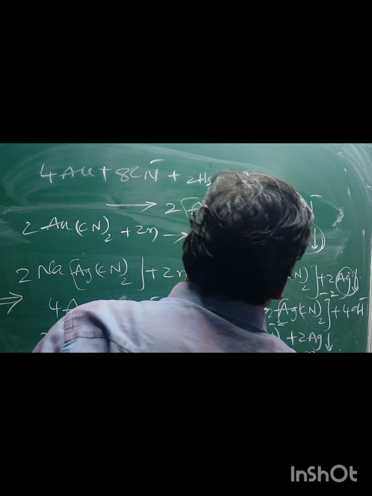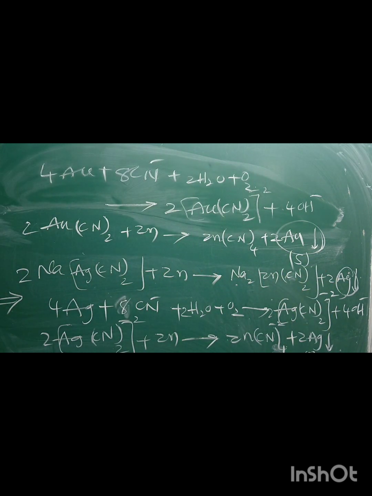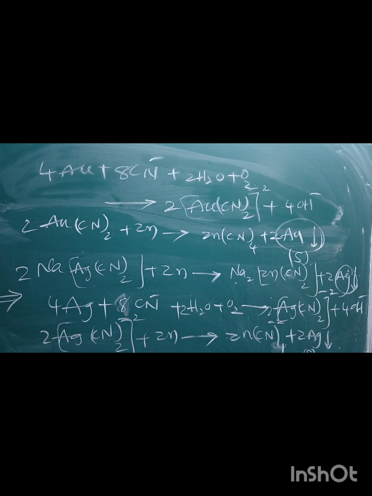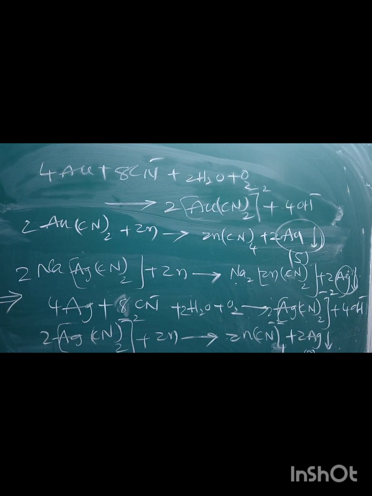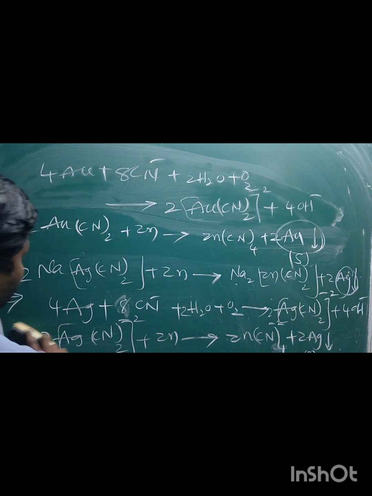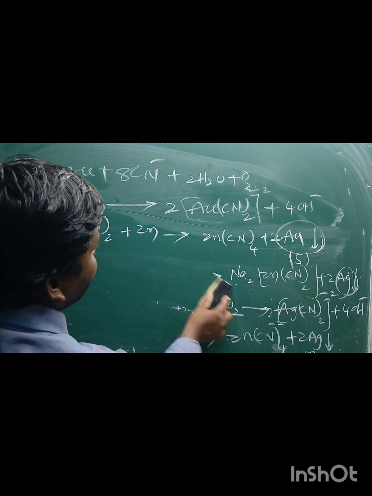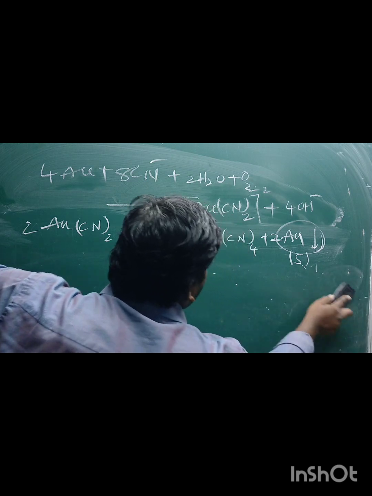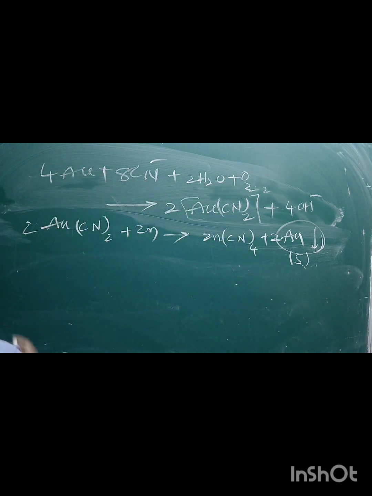These two are solids. Extraction of metals from their ore, especially low reactive metals. In case you take mercury, it is available in the cinnabar form. Already self-reduction, auto-reduction is completed.